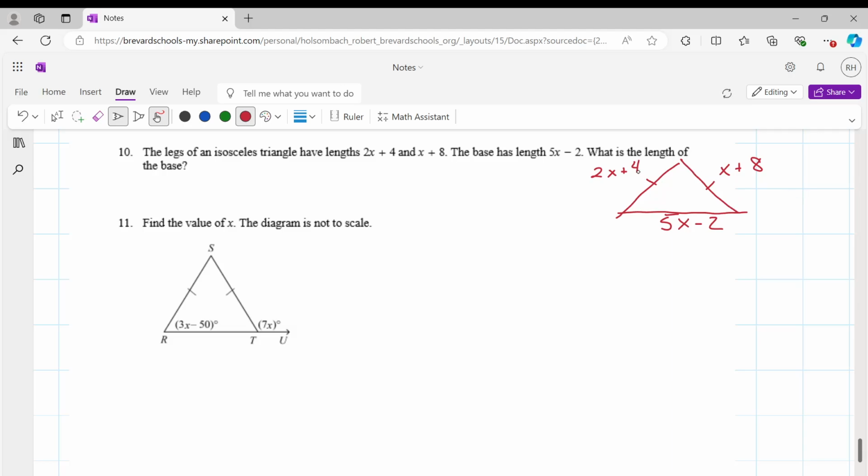So what we have to do here is solve for x and then substitute it into the expression for the base. So our 2x plus 4 is equal to, what's the 2x plus 4 equal to?